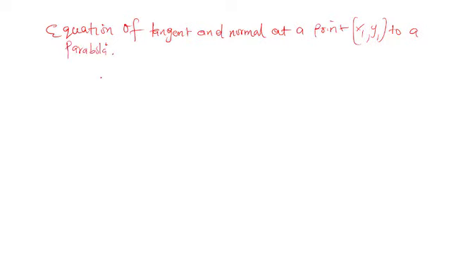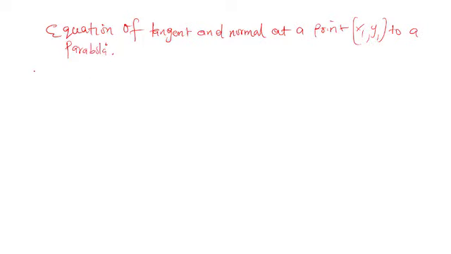We want to consider this point. We're talking about the equation of tangent and normal at a point (x1, y1) to a parabola. Now, what are we trying to say in essence?